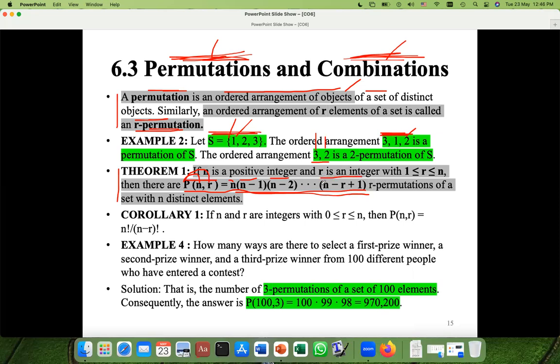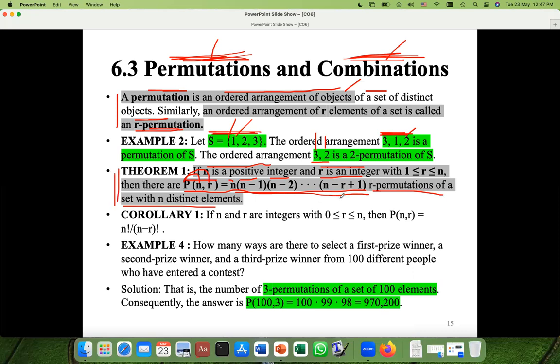Totally, these are R terms, and you have to multiply them. What are N and R? N is a positive integer. R is an integer between 1 and N, which means greater than or equal to 1 and less than or equal to N. Now you can call it R-permutations of a set with N distinct elements. Okay, this is theorem 1.